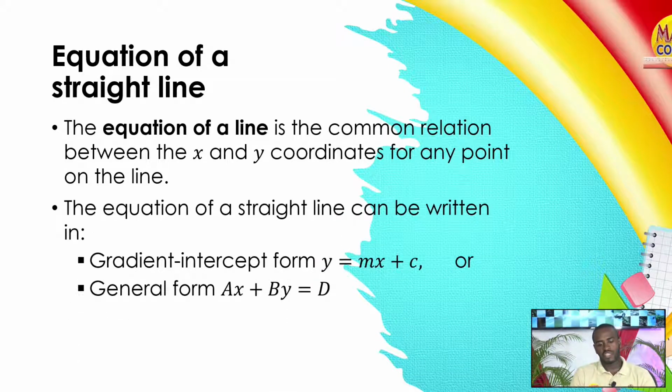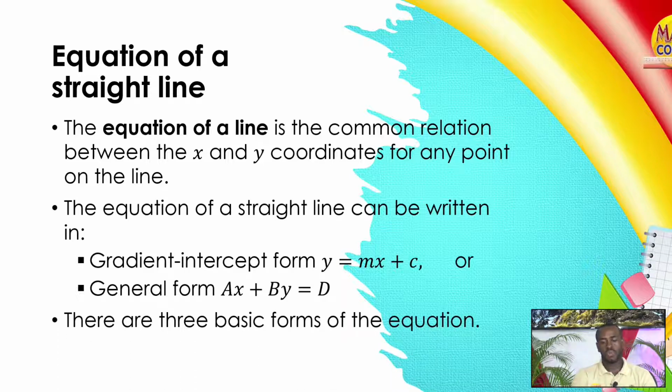Now, the equation of a straight line can be written in gradient intercept form, which is y equal mx plus c, where m represents the gradient and c represents the y-intercept. It can also be written in the general form, ax plus by equal d, where a, b, and d represent real numbers.